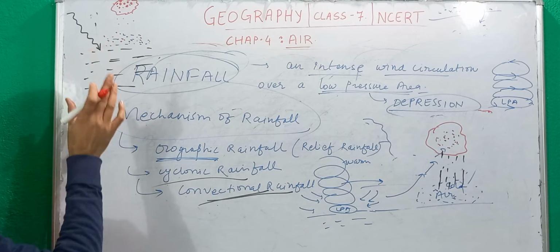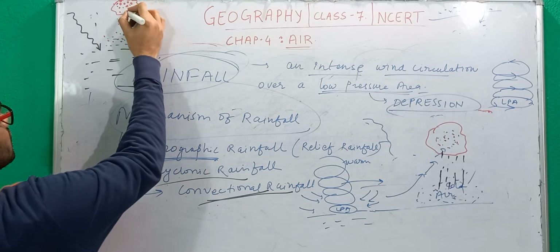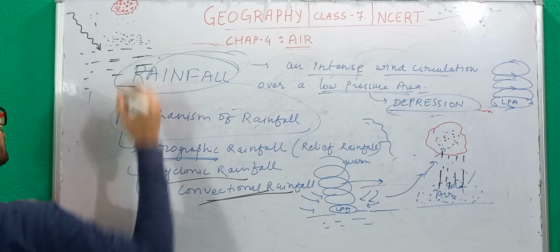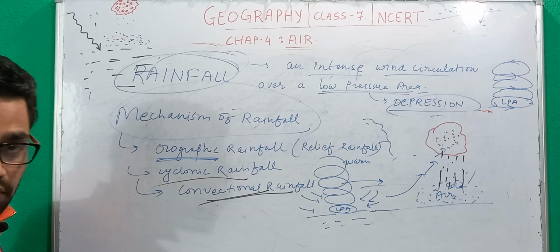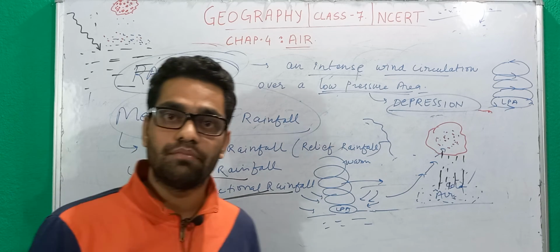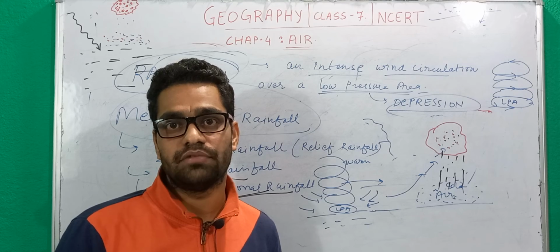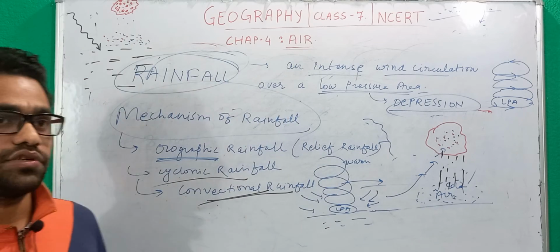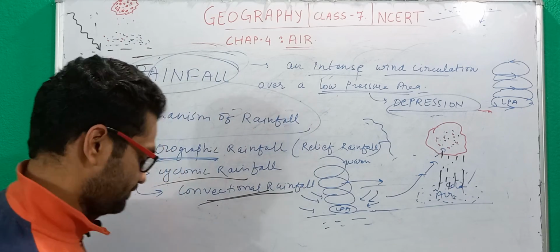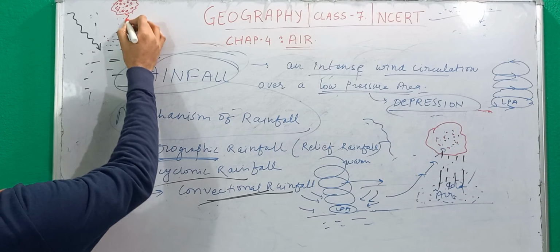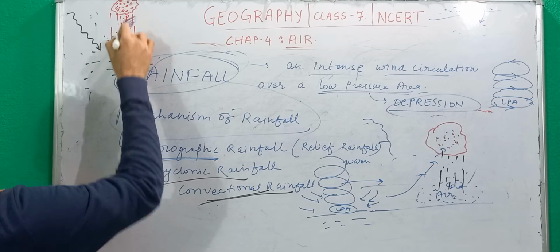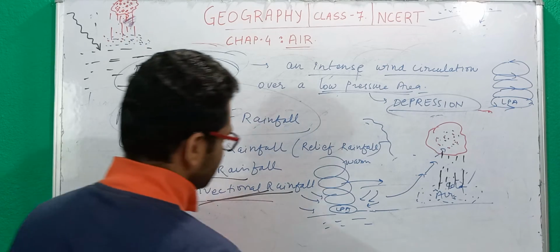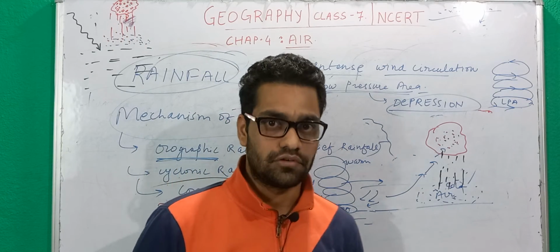And when more and more water droplets reach this height, more clouds will form, and a time will be reached again when the air will have no further capability to hold this amount of water droplets, and condensation will take place and you will find that rain has occurred in this area. So this is the basic mechanism behind convectional rainfall.